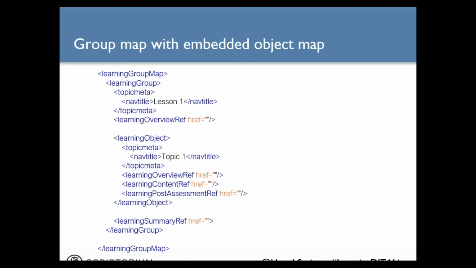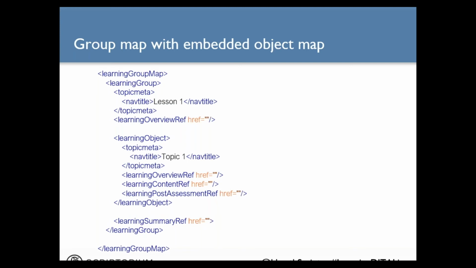You can do this a couple of different ways. Here I've got a learning group map with an embedded object map. You'll notice there's that reusable element, that learning object, right in the middle there. We don't have to create a separate learning object map to create a learning object. That element is viable within this map. If I was creating, again, we'll call this learning group the book or the course, the largest unit of information, then for this group we'll have an overview.